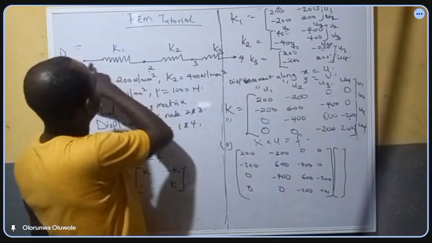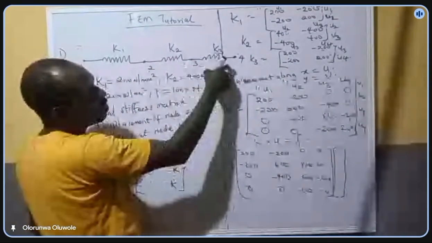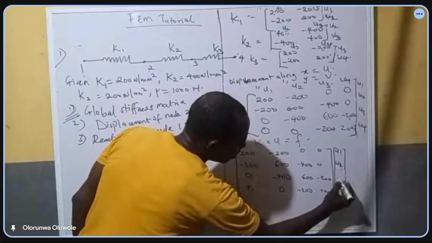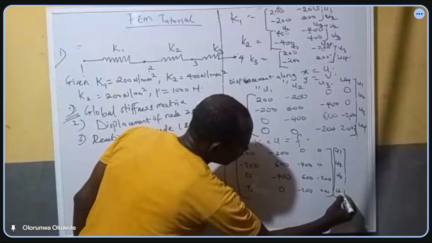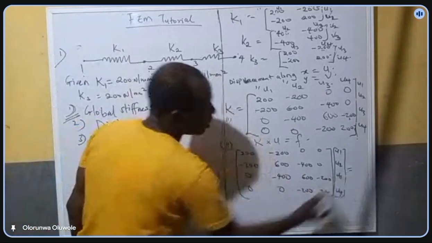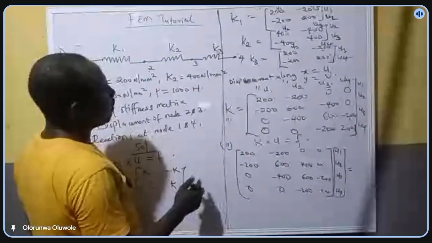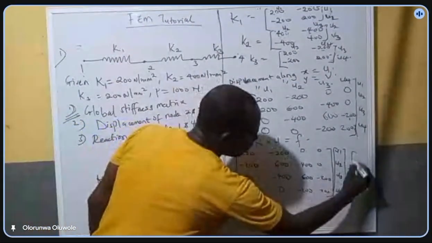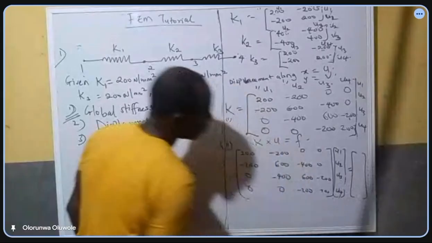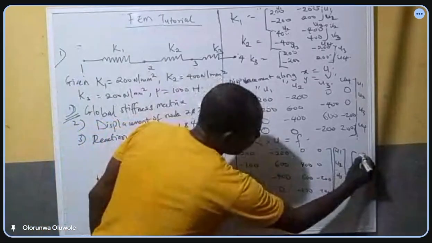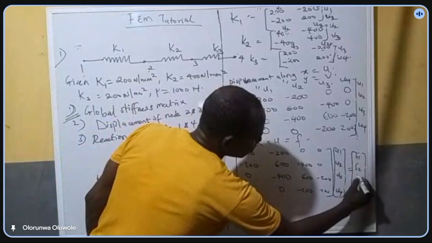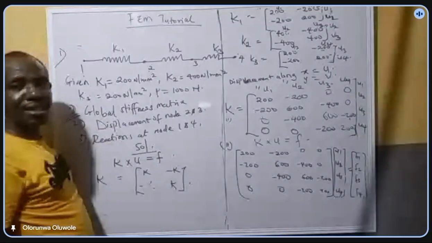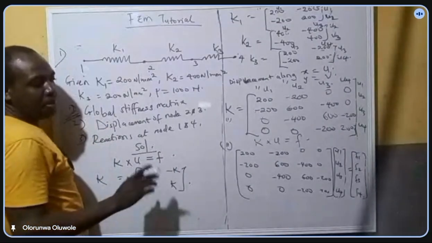That is the displacement in node 1, node 2, node 3, and node 4. So you have U1, U2, U3, U4 equals my F. I have my forces for spring 1, spring 2, spring 3, spring 4, but now I'm going to put it this way: F1, F2, F3, F4. Now, having done this, the next step is to apply boundary conditions.